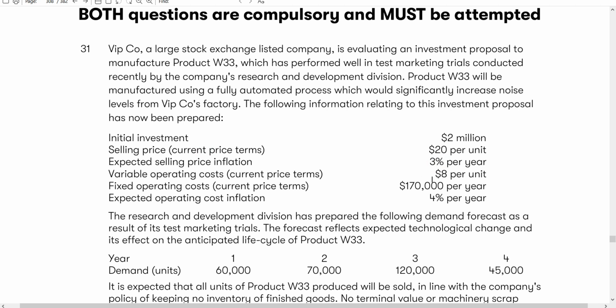Variable cost, current price $8 per unit. Fixed cost, current price $170,000 per year. Expected operation cost inflation 4% per year, so fixed cost and variable cost both have 4% inflation. Okay, the R&D division has prepared the following demand.